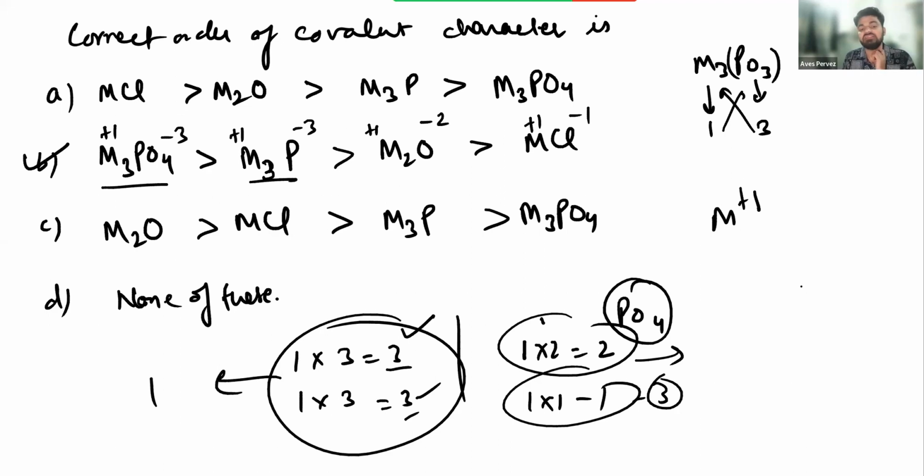If the size of the anion is more, then it can lose electrons more easily. And if the size of the cation is small, then it can attract more strongly. Let me explain this. If this is the positively charged particle, the cation, and this is the negatively charged particle, this will be more distorted if it has a bigger size.